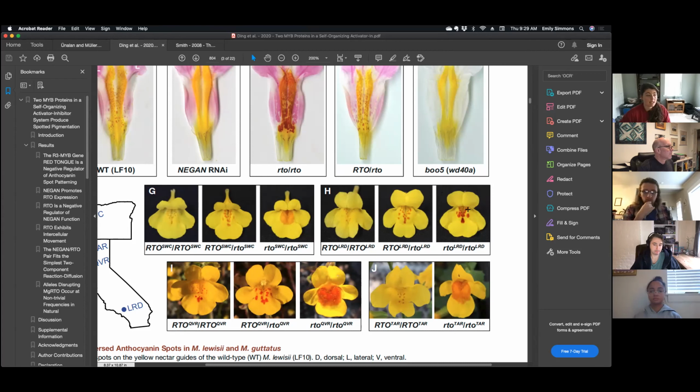You still see a different speckling pattern, but if you compare this LRD location to the TAR location, that's a huge difference in what's happening on those nectar guides from knocking out the RTO. So I just thought this was kind of fun to look at, to see how different wild types interact with the RTO knockout.